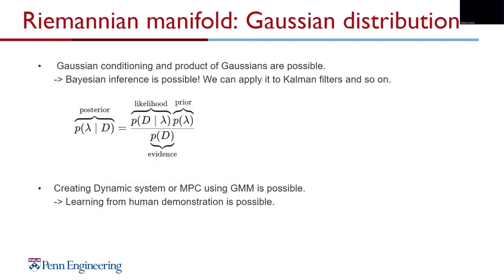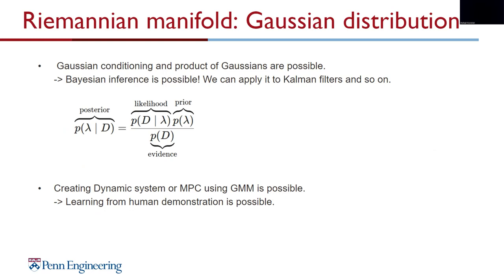And of course, if you are able to calculate the Gaussian distribution, you can also do Gaussian conditioning. You can do a Kalman filter on the Riemannian manifold, or you can calculate Bayesian inference on the Riemannian manifold. You can already do all this kind of stuff, and all the maths are already given to you: the exponential equations, the logarithm equations, and the transformation equations.